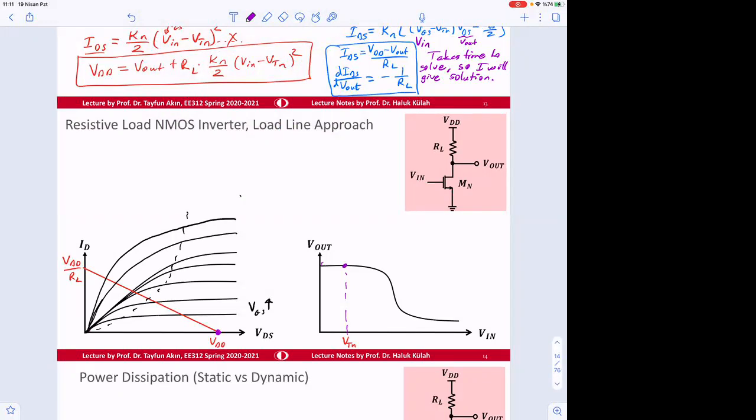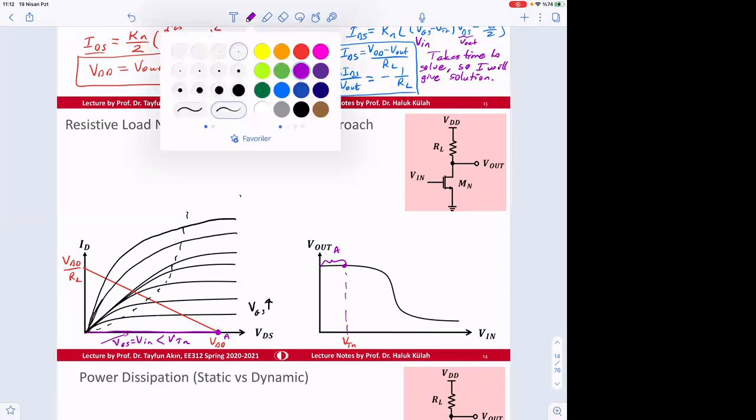So this whole thing is point A, because this is the line where V gate to source, which is equal to V in, is less than VTN. So there are multiple points here.